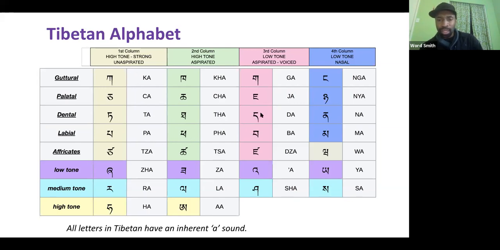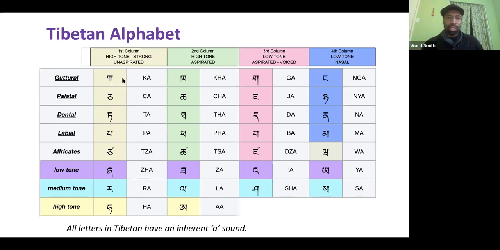And for this class, just so you know what you're being asked to study, you need to learn the Tibetan symbol for the letter, the English transliteration, as well as the sound they make, okay? So all of you should make flashcards. On one side of the card is going to be this fancy looking symbol, and the other side is going to be these slightly more familiar English letters, or extremely familiar.